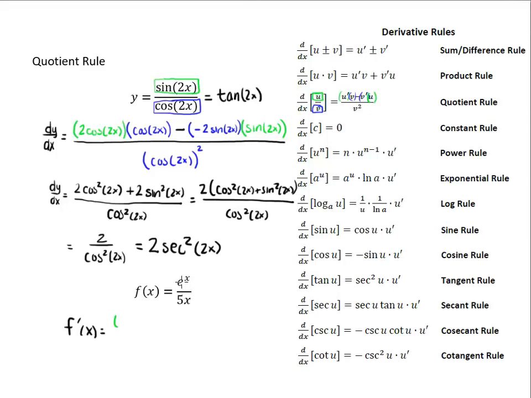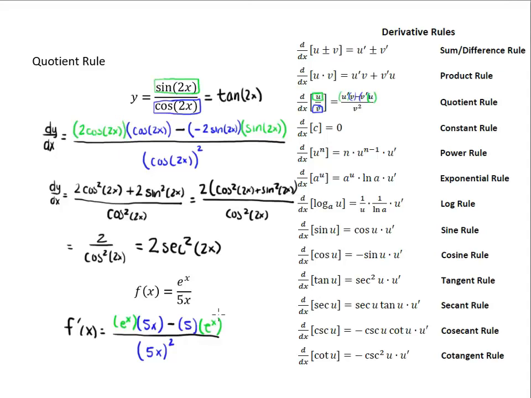The top is e to the x, and its derivative is also e to the x, times the bottom, just the way it is, minus the derivative of the bottom, which is 5, times the top, just the way it is, and finally divided by just the bottom, 5x squared. And there is our derivative right there.